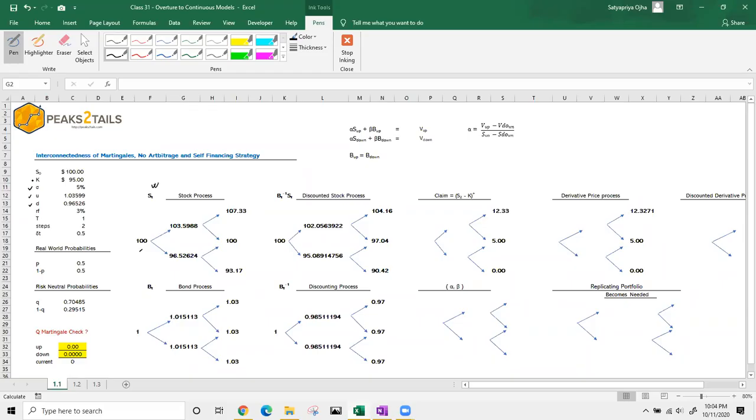We'll learn more details about how this is calibrated after this is over. Based on your model, there are two possible states: it can either go up or go down. So you have established the stock price process, starting from the initial stock price. As per your model, this is your process.